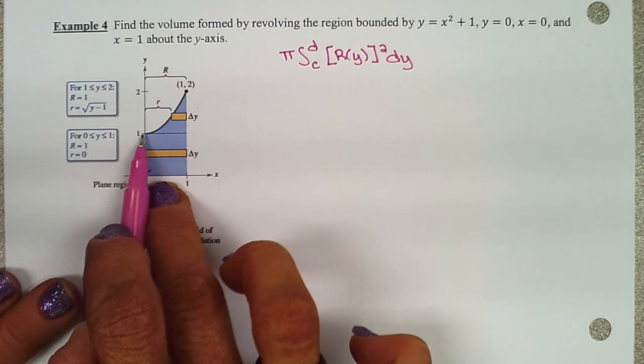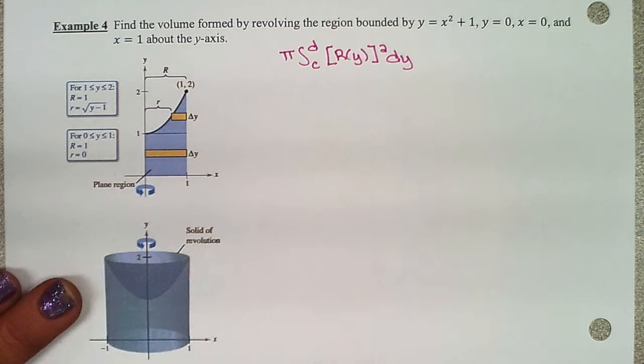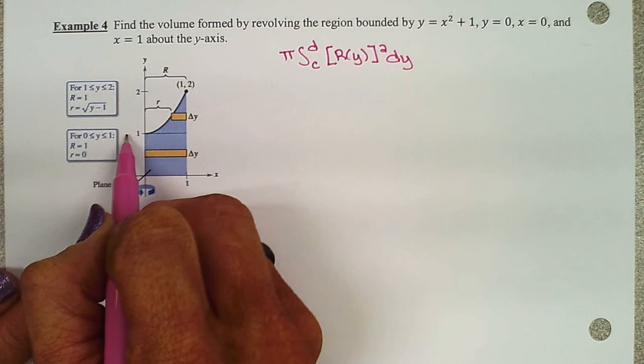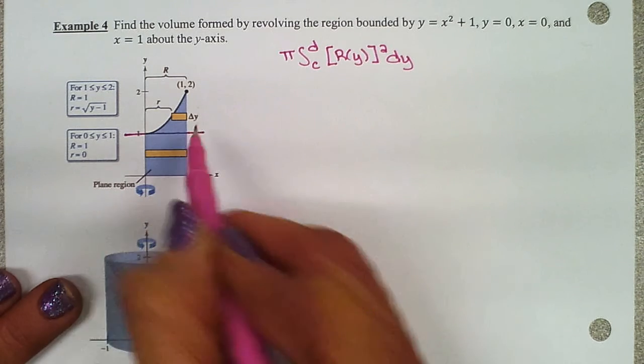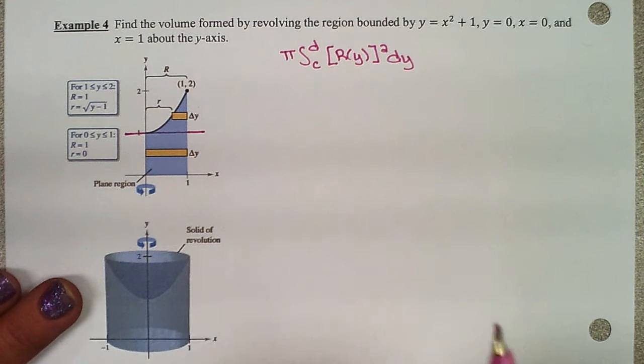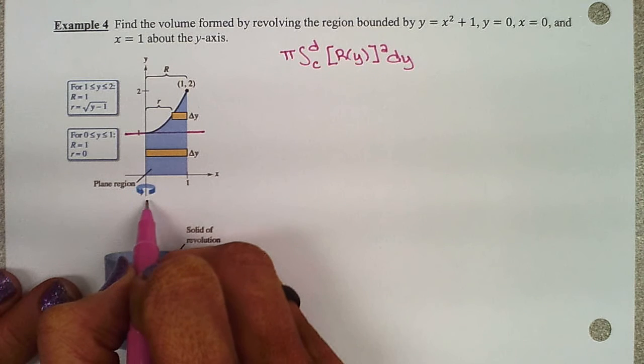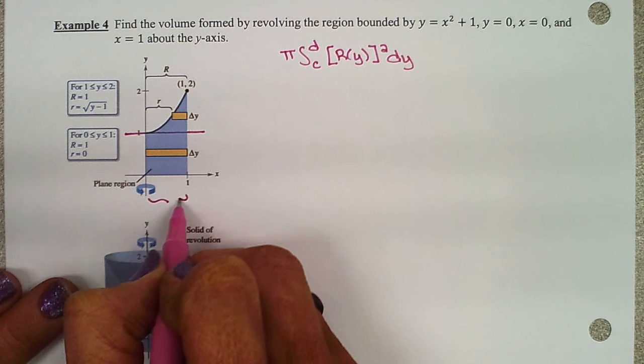But then as soon as I get from 1 and go from 1 to 2, now the size of these rectangles are going to end up changing. So what we're actually going to do for this is we're going to divide this and think of it almost as two separate problems where we're going to find two different volumes, and then we're going to end up adding them together.